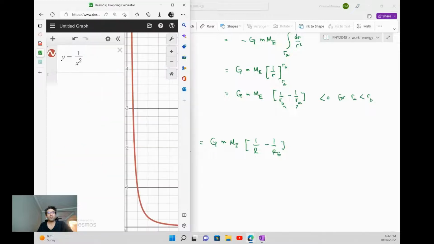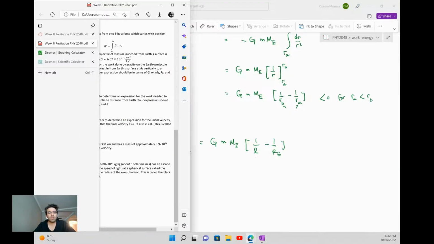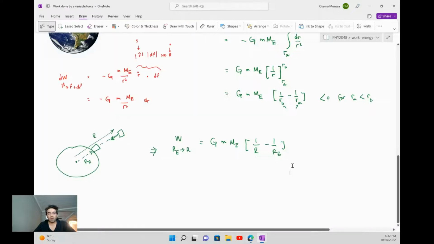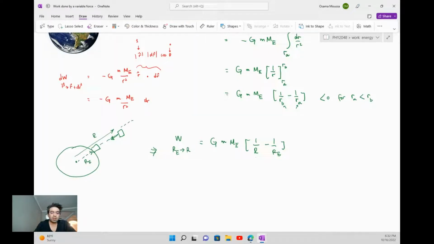Now suppose that I want to know next, take the limit r goes to infinity to determine an expression for the work needed to launch the projectile to an infinite distance from Earth. So suppose that I want to take this rocket all the way to infinity. Of course, as we've talked before, infinity doesn't exist in physics, but we're just thinking of a very large r.